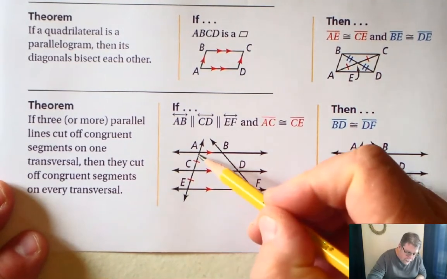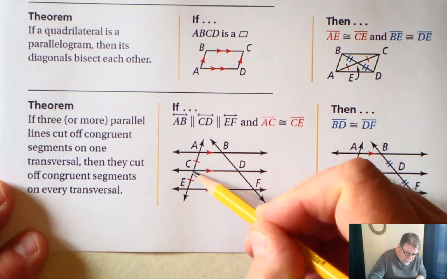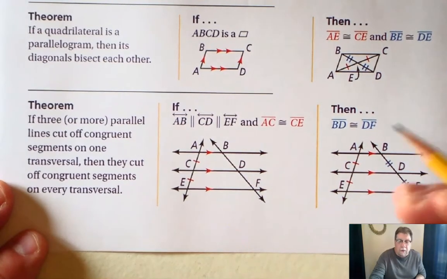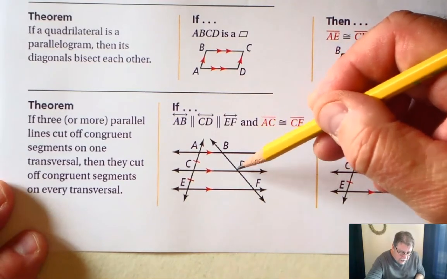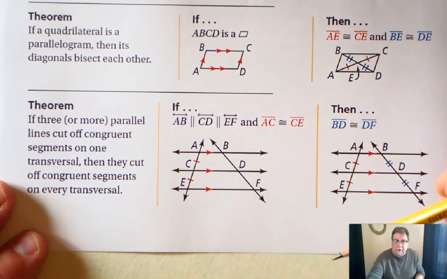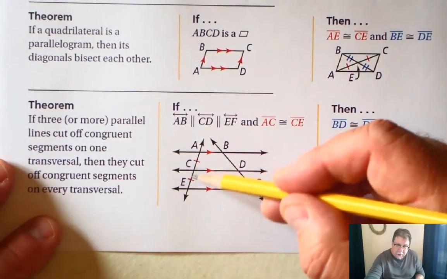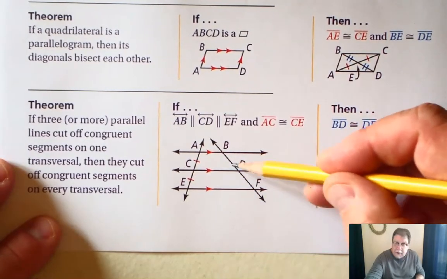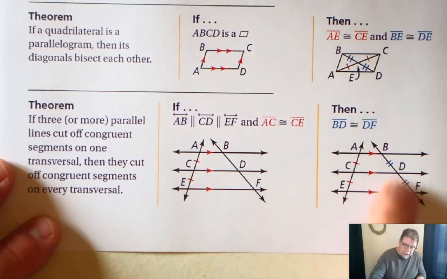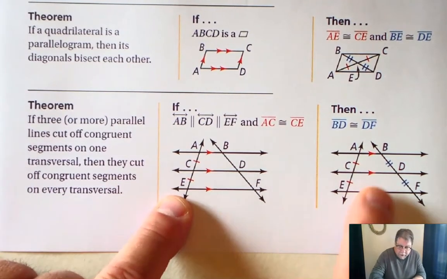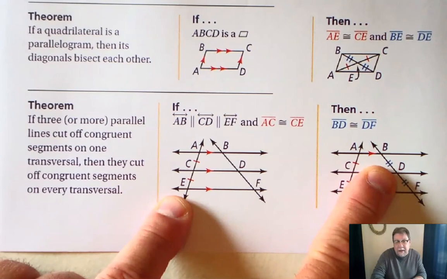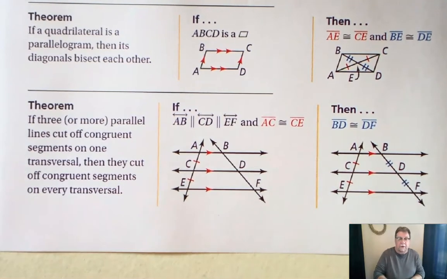So if I know that AC and CE are congruent, then I know that BD and DF are congruent. Now, they're not the same measure as these two, but they are congruent to each other. So that's the same case over here. If we have CE congruent, then I'm going to get DB and DF also congruent.